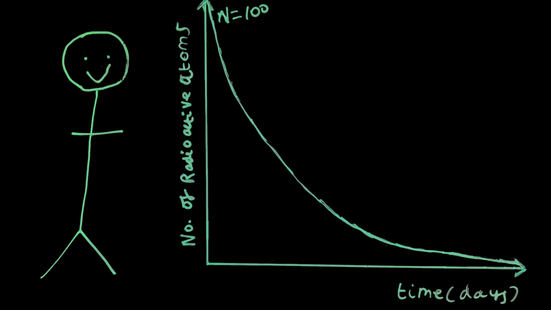However, if we start with 100 particles, then after 7 half-lives, we'll have a single particle left. 99% of the radiation will have gone in 70 days. So in 2 months and a week, nearly all of the contaminant is gone.